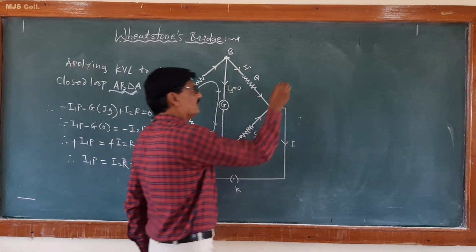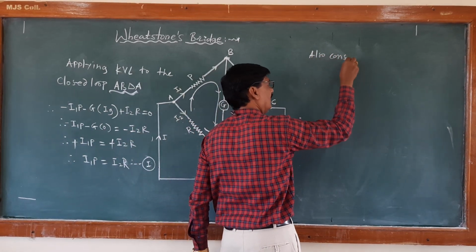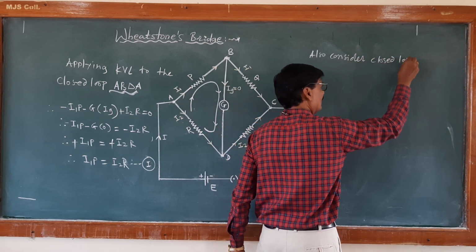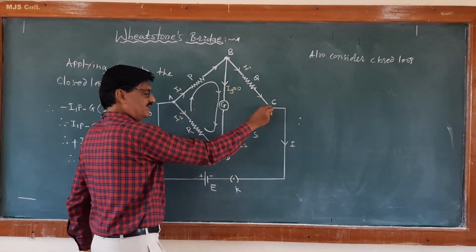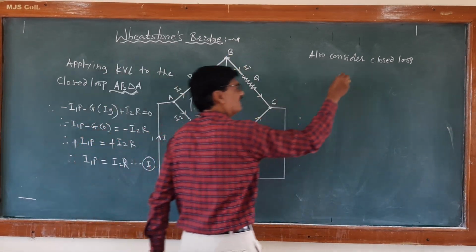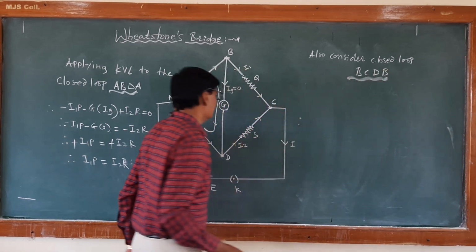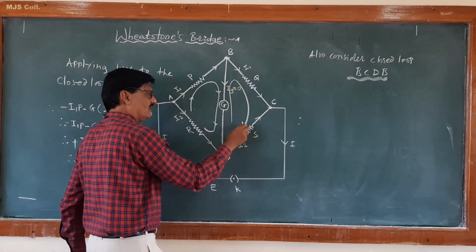Also consider another closed loop, say BCDB. In this closed loop, again we can apply Kirchhoff's voltage law.